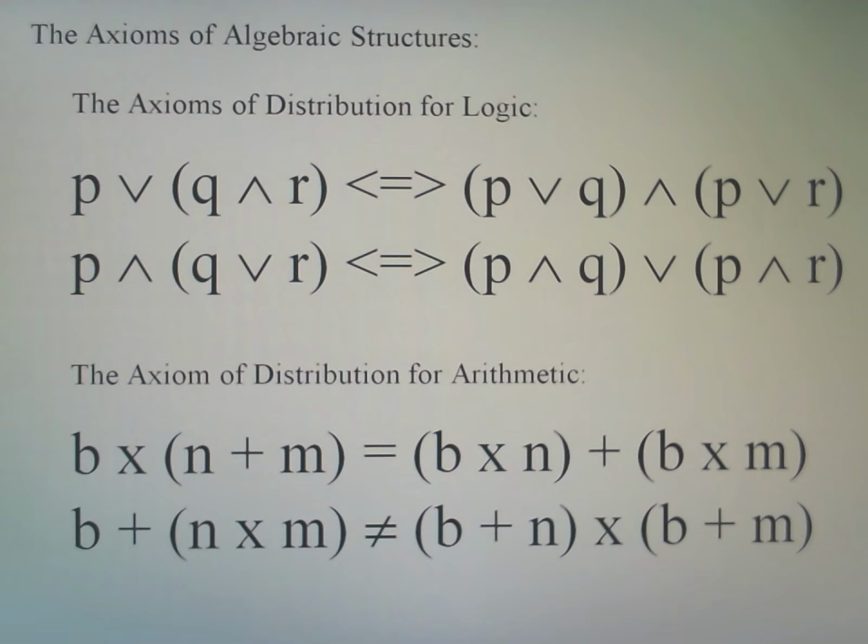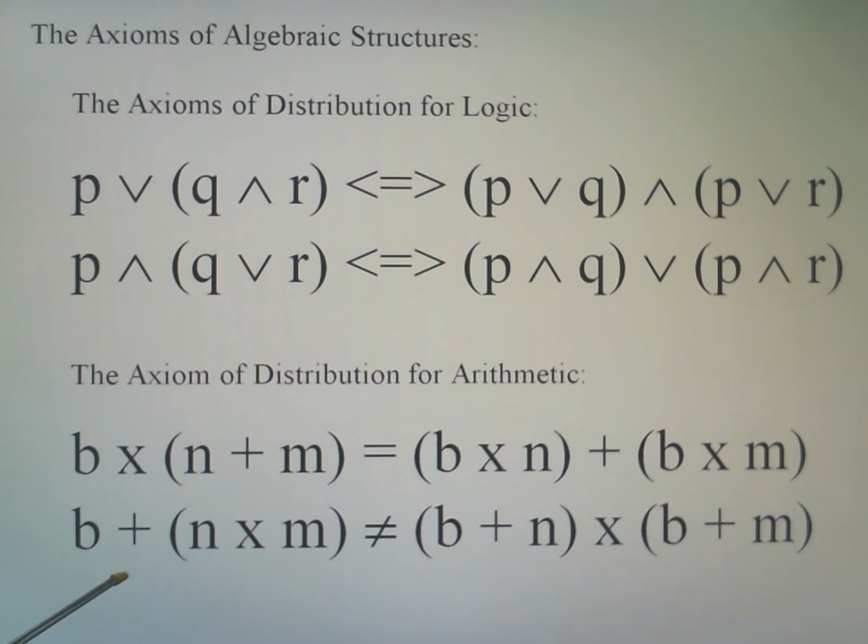Right? And this one I do illustrate with arithmetic because, again, the situation in logic is different from the situation in arithmetic. In arithmetic, as we know, multiplication will distribute over addition, so that b times (n plus m) is equal to b times n plus b times m.